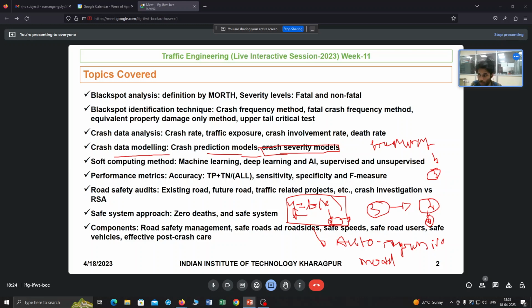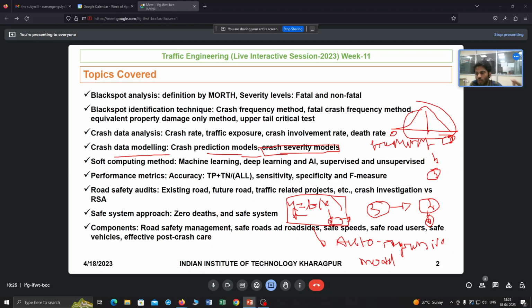For severity, we can use any method where we can get the severity within a 0 to 1 range. These are basically what we use in urban transportation systems and planning.